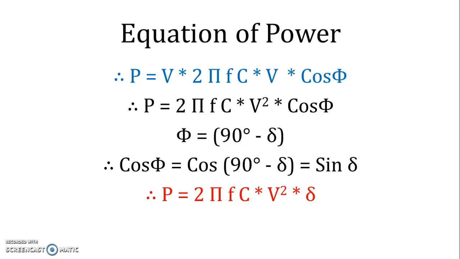Again, the heat generated or power is directly proportional to frequency, and we give a very high frequency in the range of megahertz, 10 to 20 megahertz or even more. This way we can have the equation for the power.